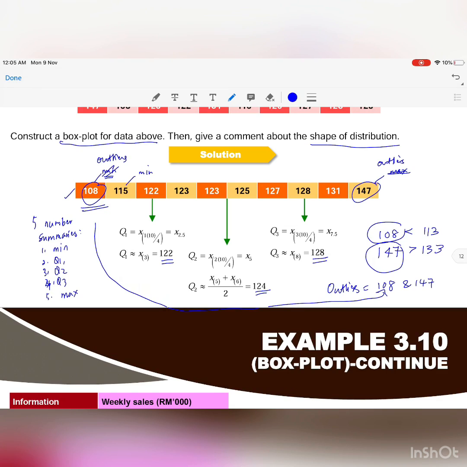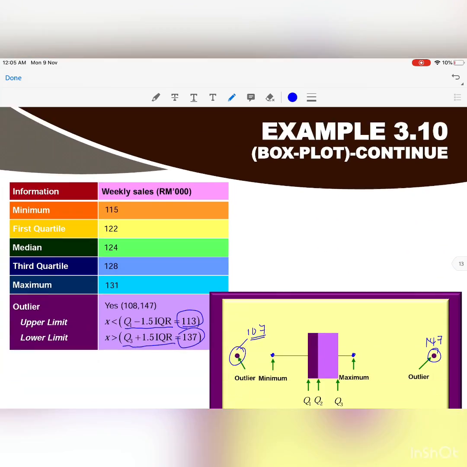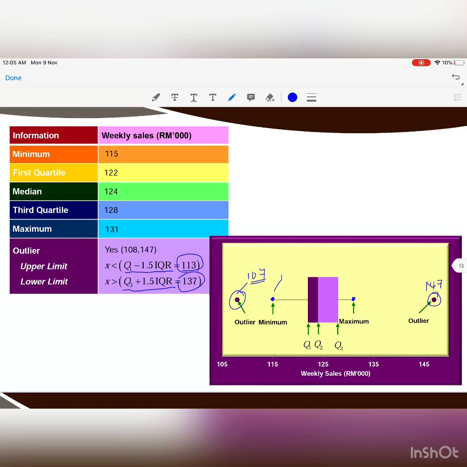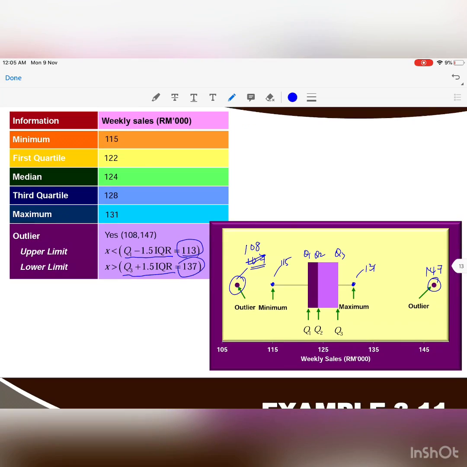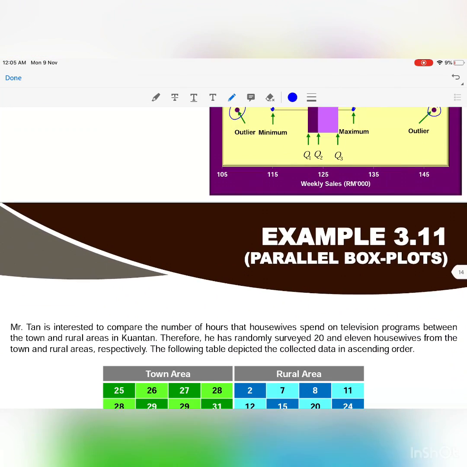This one also becomes an outlier, so the maximum is 131. So this is 115, 131, and this is Q1, Q2 and Q3. So this is how you draw the box plot. Is it clear?